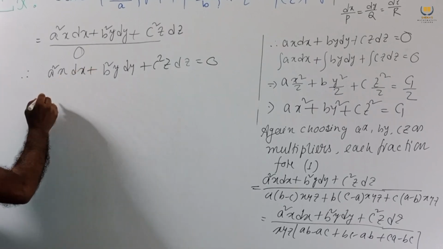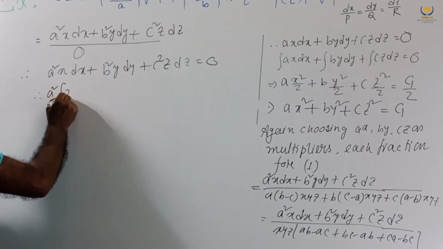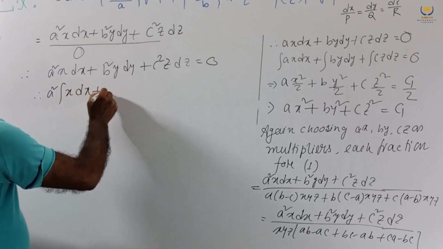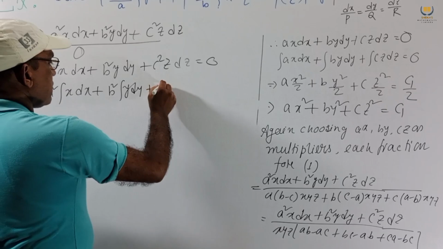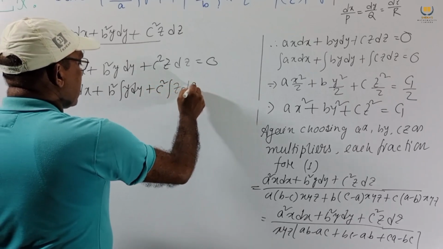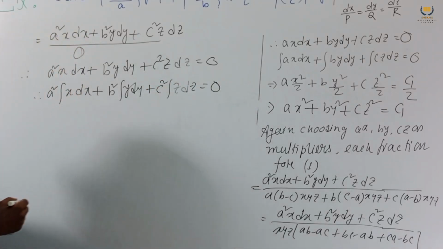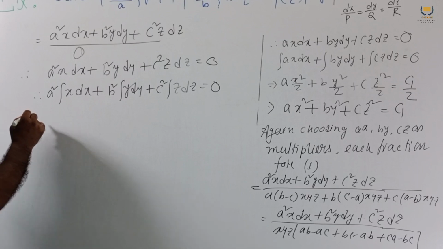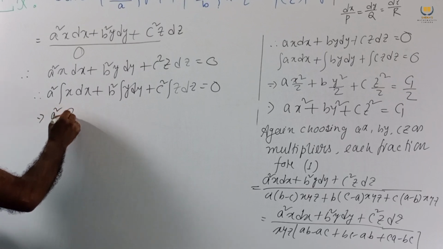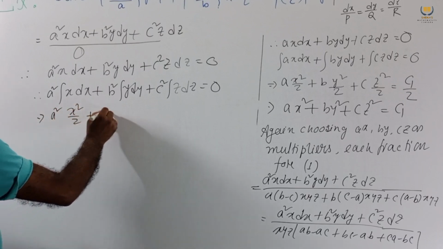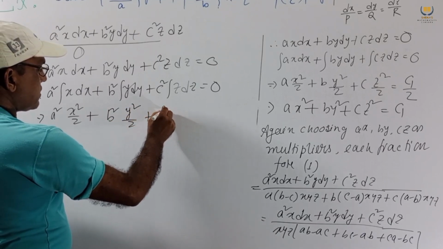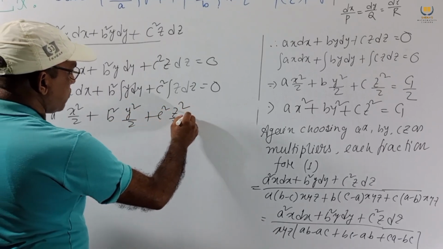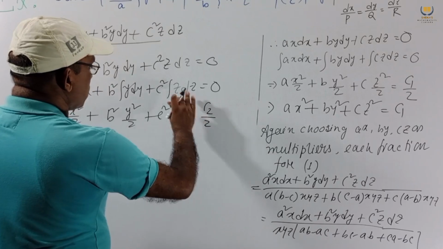So integrating both sides, a square x dx, b square y dy, c square z dz equal to 0. If we integrate, this will be a square x square by 2, b square y square by 2, c square z square by 2 equal to c2 by 2.